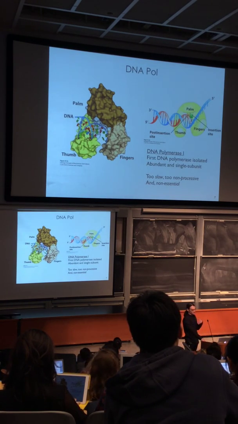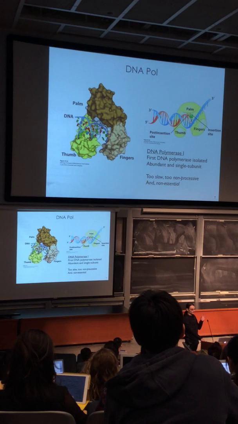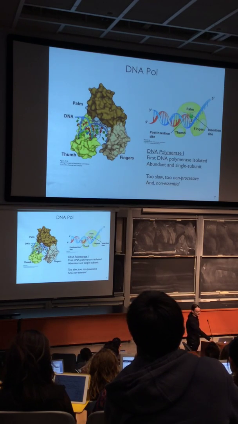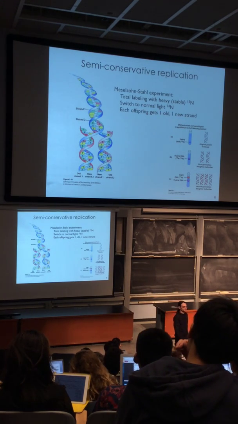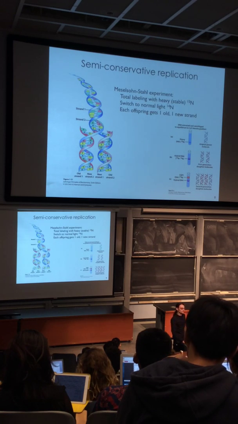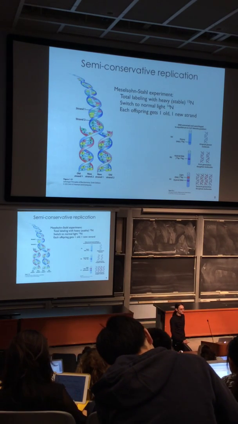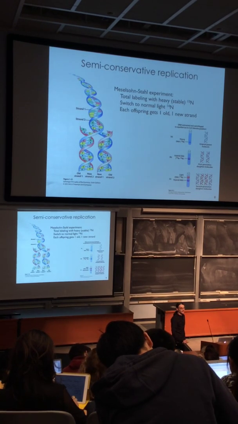I guess now I'd like to turn to some of the broader questions about how you replicate a whole genome as opposed to how you simply synthesize small pieces of DNA. And one very early and important observation about this was made in the Meselson-Stahl experiment, in which it was shown that the process of DNA replication overall was semi-conservative.